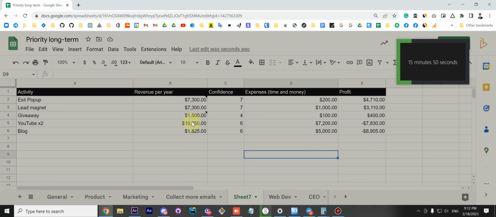Let's say if you double your emails instead of just 30%, so it would be 3 times more, then it might make sense. So it all depends, but it's just a guess.